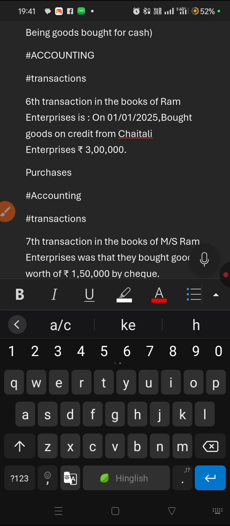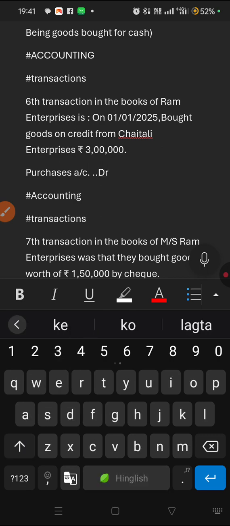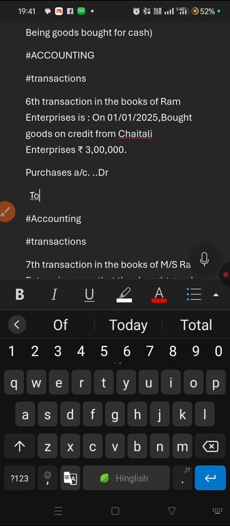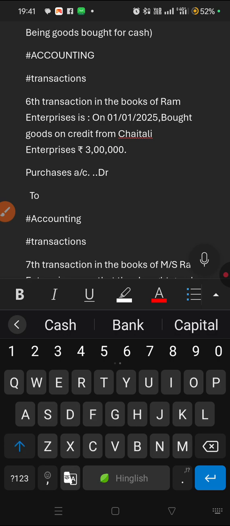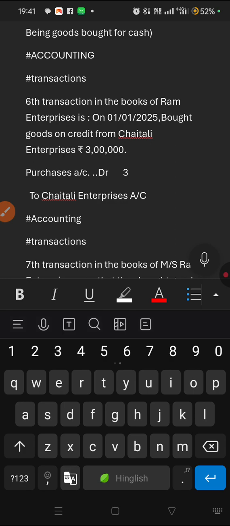Purchases account debit to Chaitali Enterprises account. What is the amount? 3 lakh debit and 3 lakh also credit.